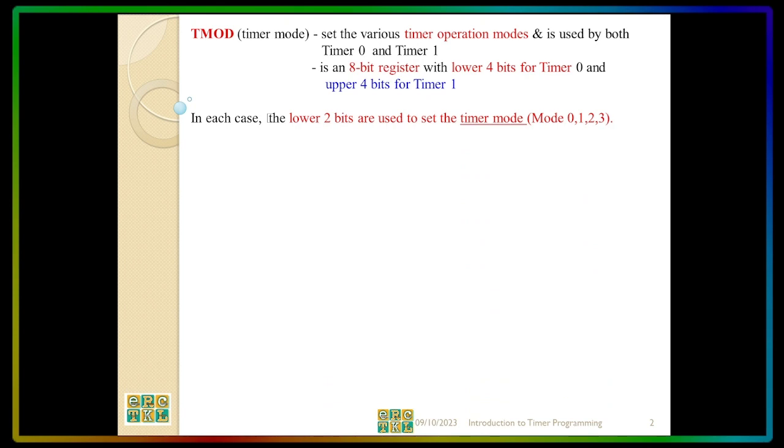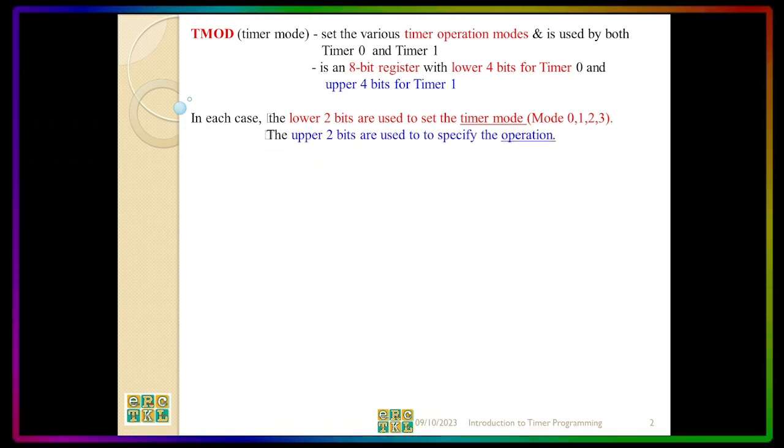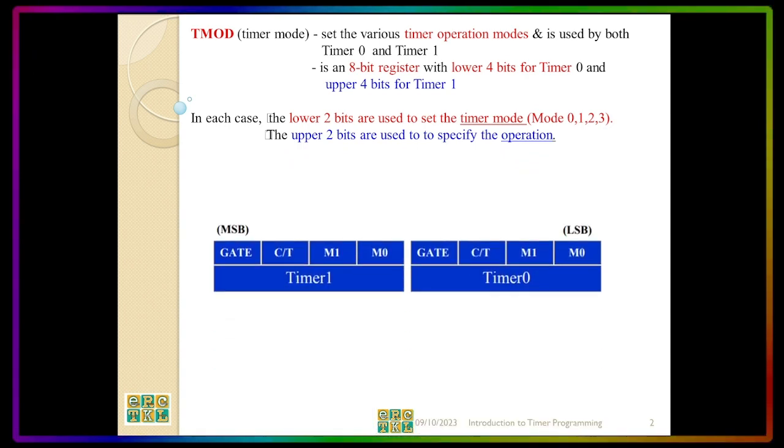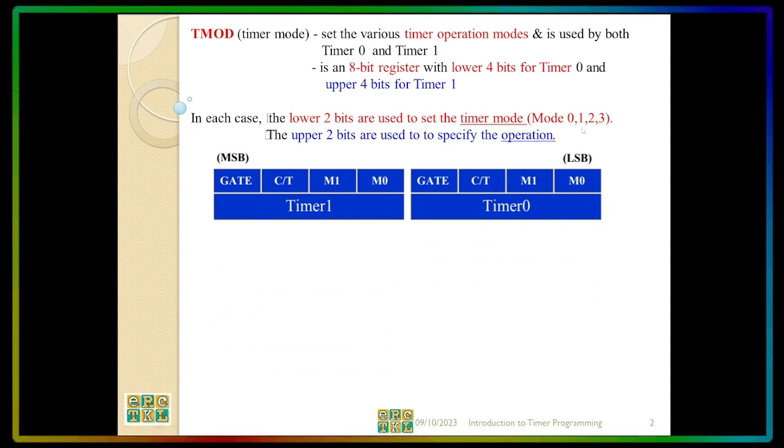Now in each case, the lower 2 bits are used to set the timer mode, and we have mode 0, mode 1, mode 2, and mode 3. The upper 2 bits are used to specify the operation. In this figure, you will see that the least significant bits start from M0, M1, C/T, and the gate.